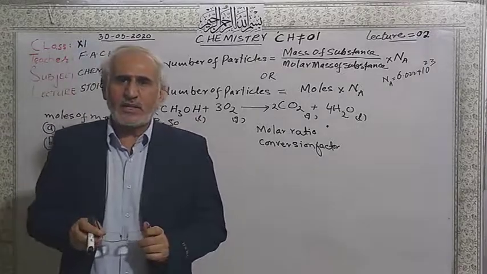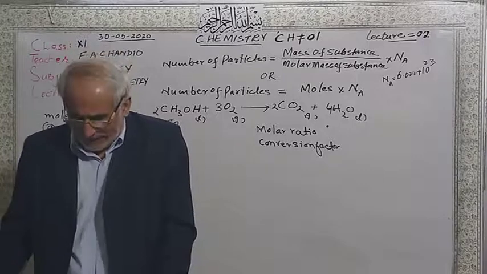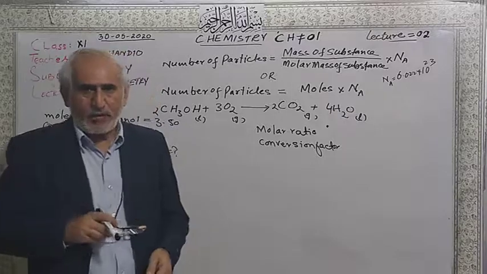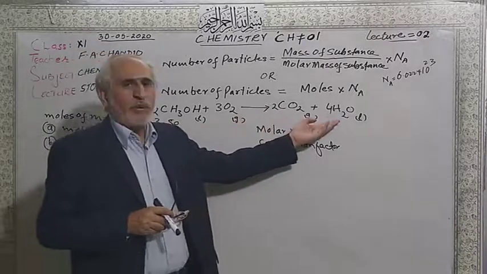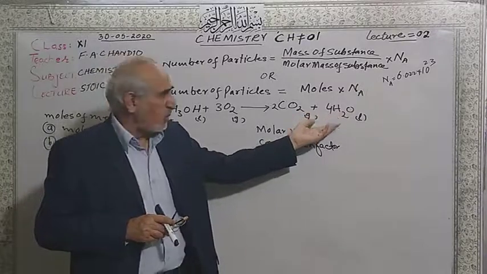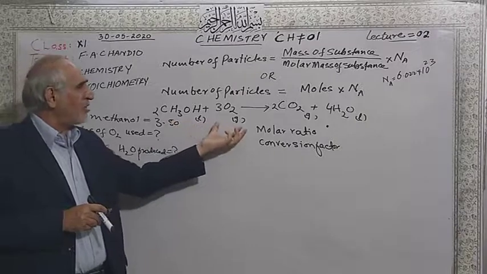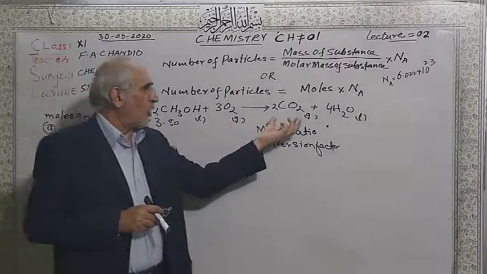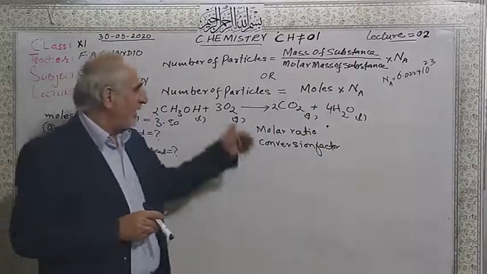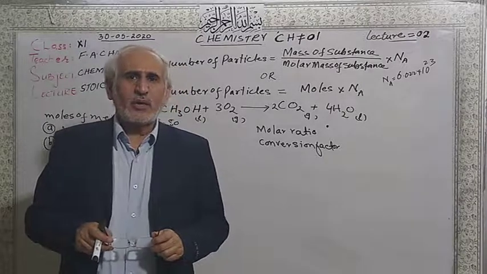These are on the reactant side. The molar ratio of the reactant side taking part during the chemical reaction to produce the number of moles on the product side. So it means that 2 moles of methanol react with 3 moles of oxygen to form 2 moles of carbon dioxide gas and 4 moles of water. This is called a molar ratio.